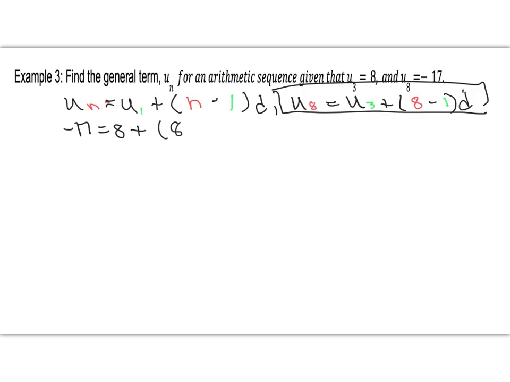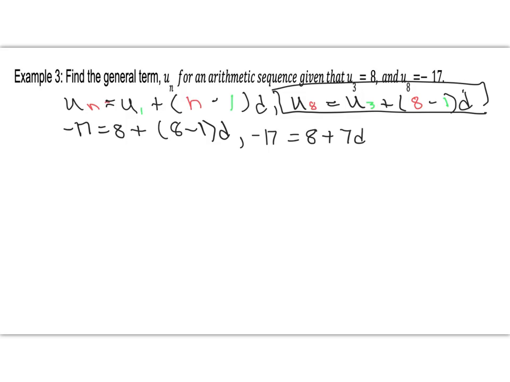And then 8 minus 1 times D. So I have everything but D. I have 2 terms, and I'm going to use those to find D. So I'm going to go ahead and simplify this. So I've got negative 17 equals 8 plus 7D.